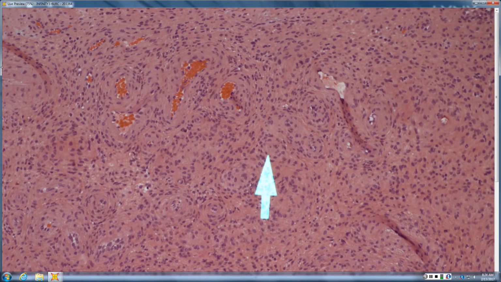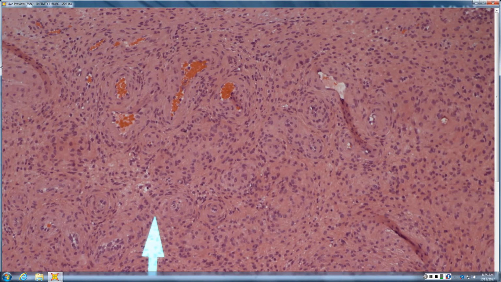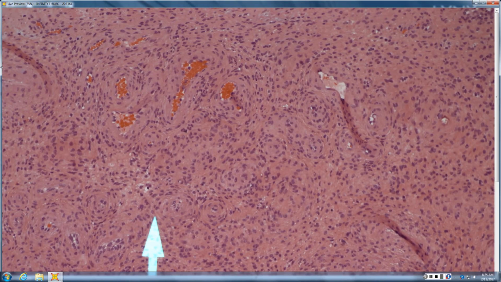In myopericytoma, you have vessels, so it looks like a vascular tumor, but the tumor is really all of these rosettes of round cells around those vessels. So there are the pericytes around the muscular vessel, so a myopericytoma.